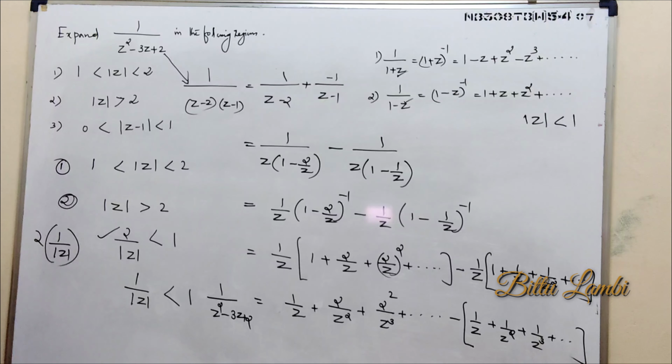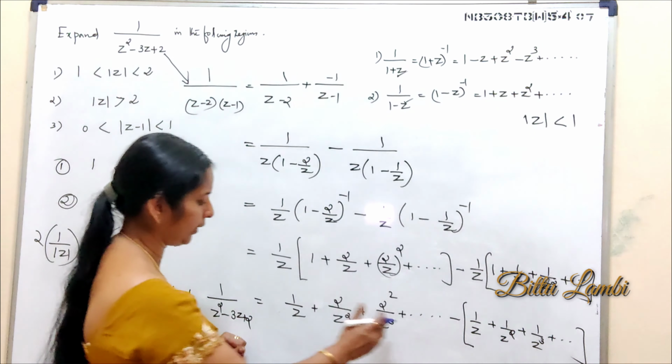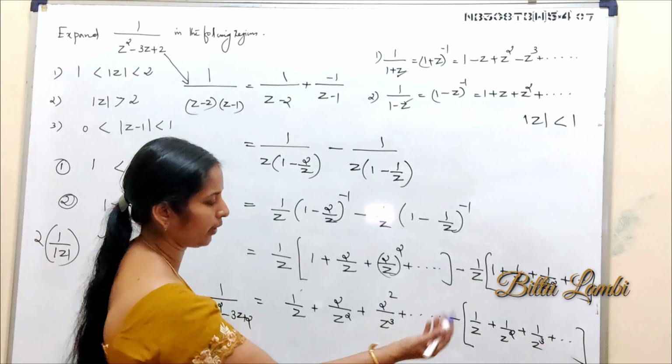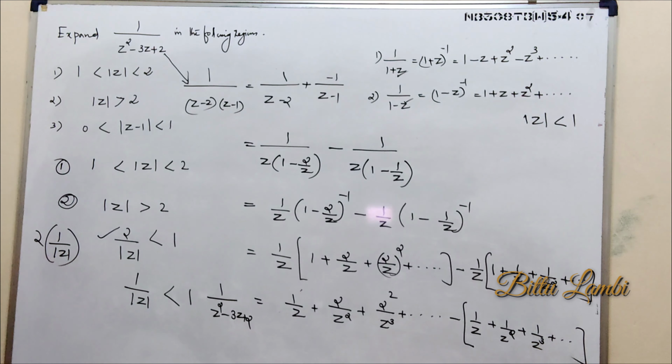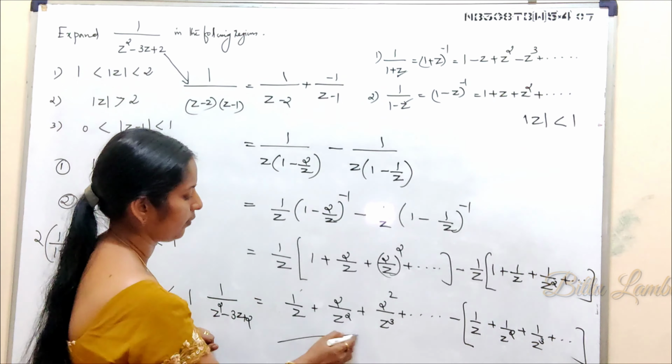Unfortunately, the positive powers of z are absent. Again, you can combine like terms, so this will cancel each other. You can combine, but that's not necessary.